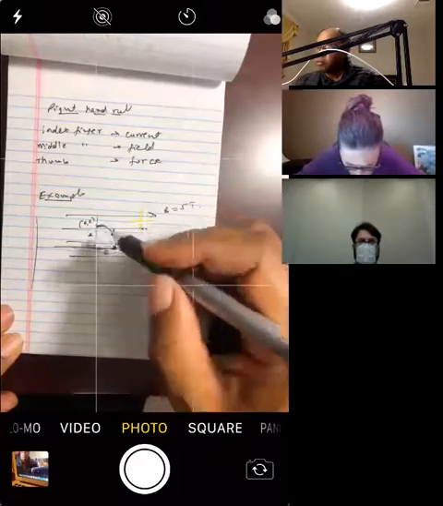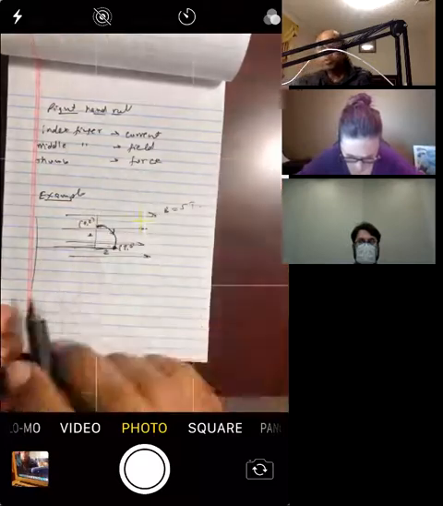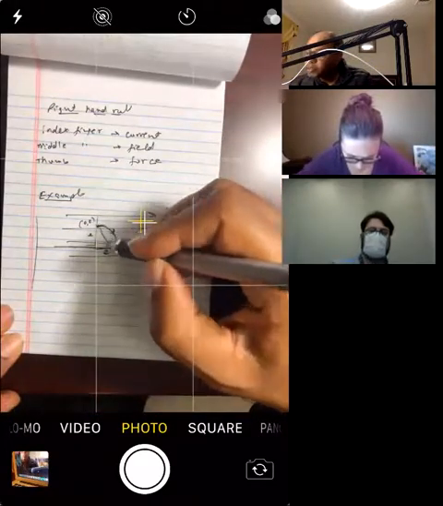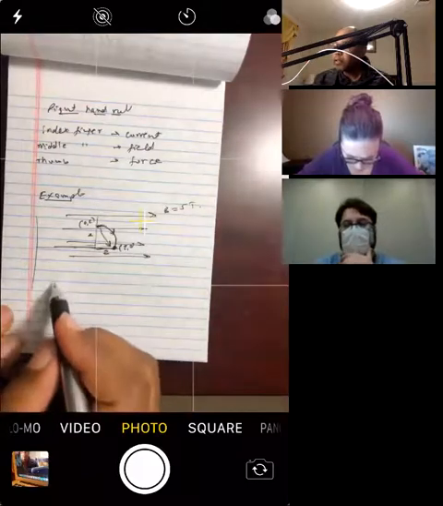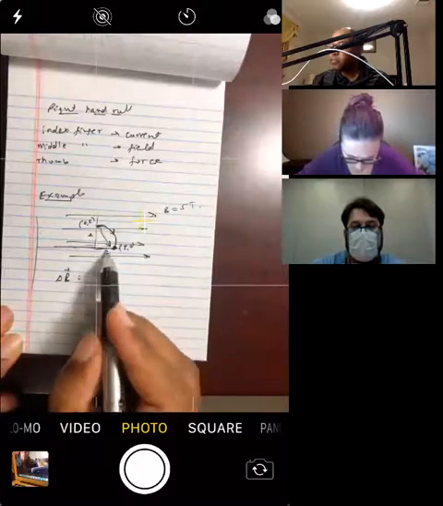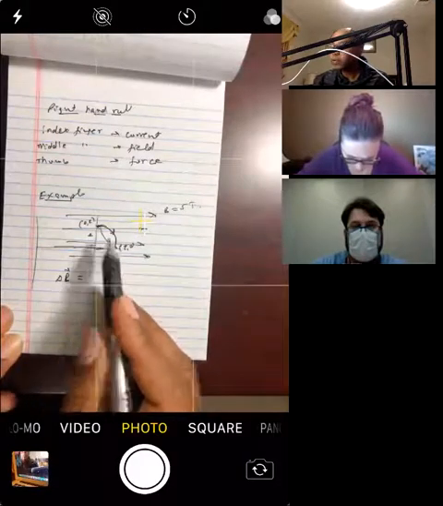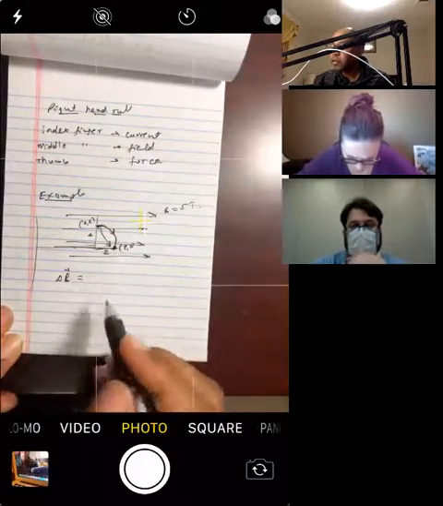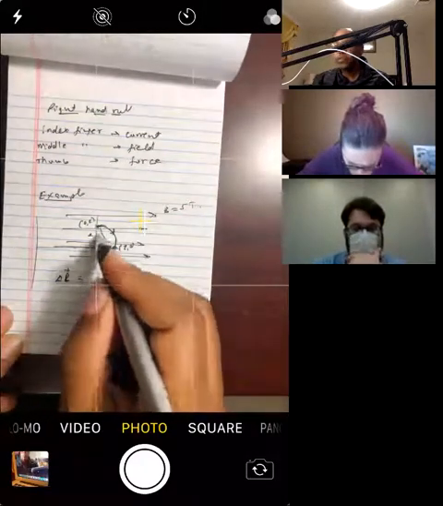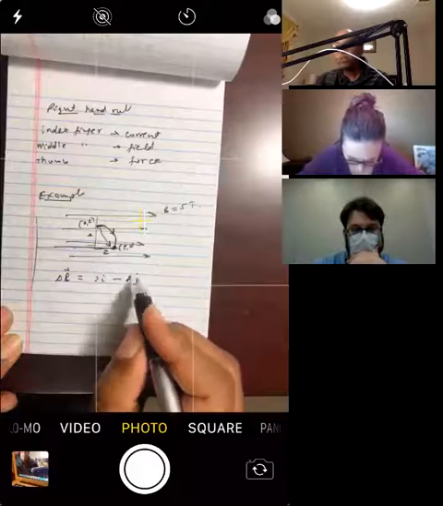It doesn't matter what the shape of the wire is. This would be a delta L, this one over here. So delta L in this case is this vector minus this vector. This vector over here is 2 in the i, and this vector is 2 in the j. So this is my delta L.